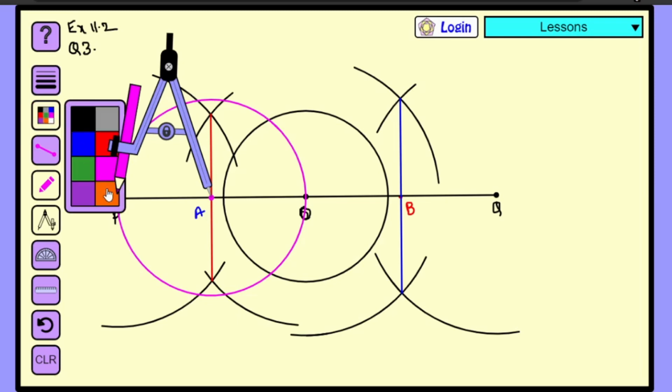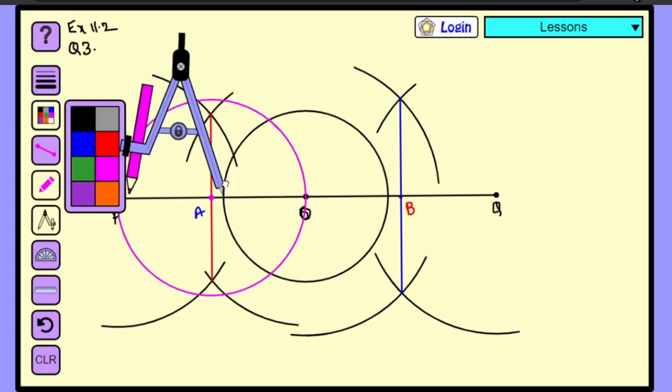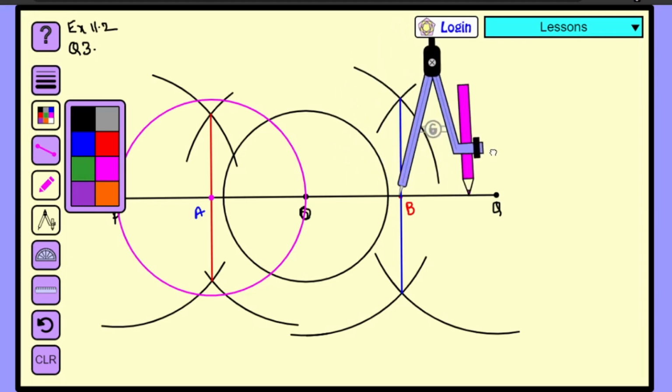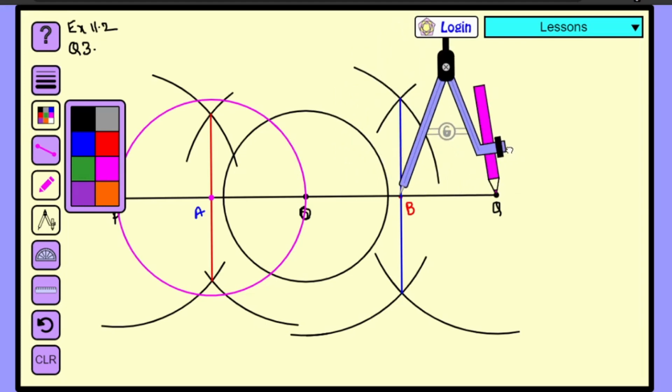Here also in the same manner, taking B as center and the radius equal to BQ, I'm going to draw a circle.